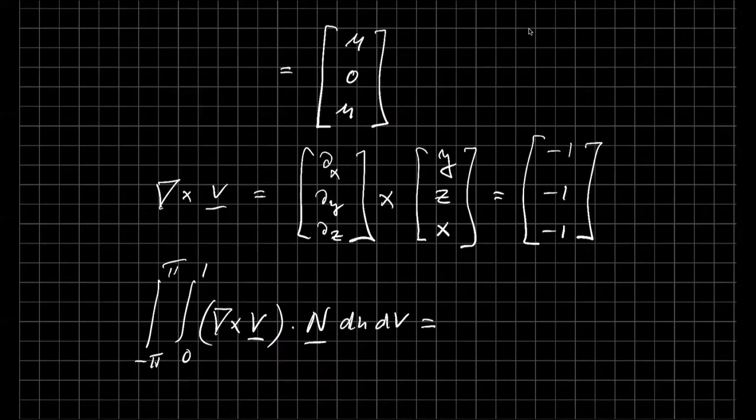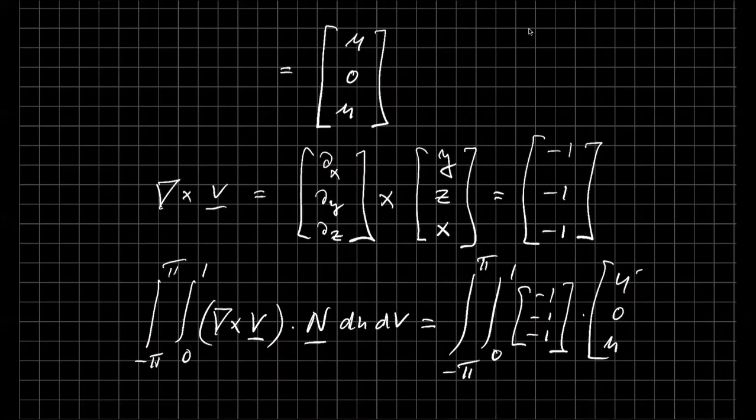This will be minus 1, minus 1, minus 1 dotted with u, 0, u, du dv.